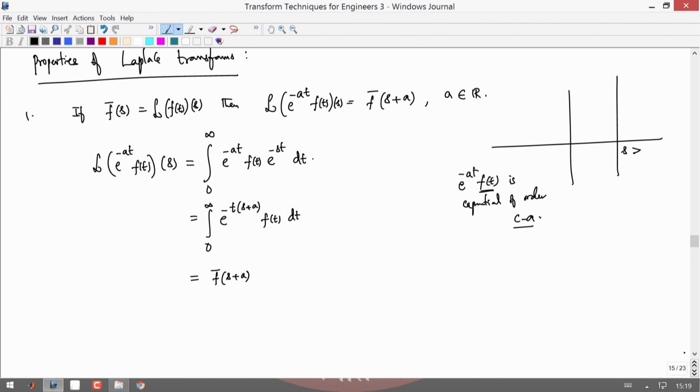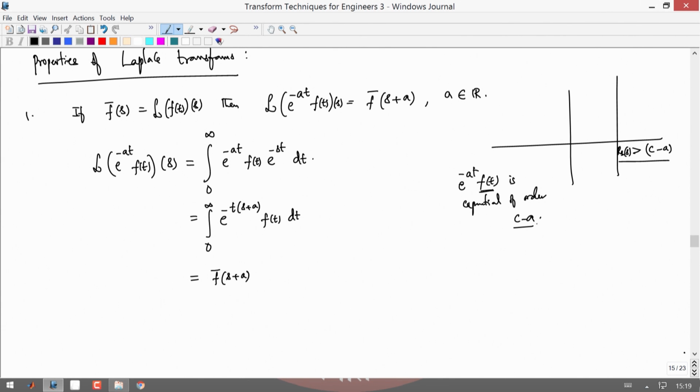Then s is greater than c minus a, so s is a complex number such that the real part of s is greater than c minus a.